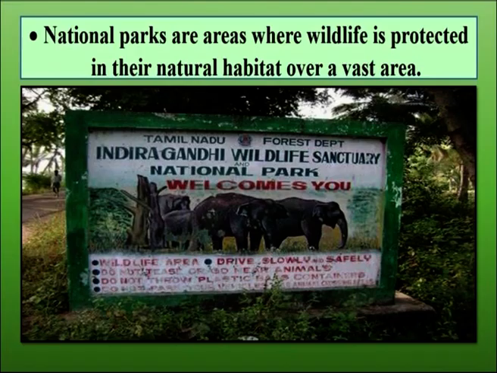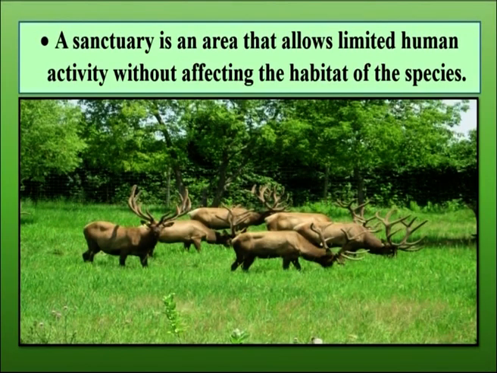There are so many national parks in our state as well as in our country. A sanctuary is an area that allows limited human activity without affecting the habitat of the species. The Government of India has established a number of sanctuaries in our state and country. Some sanctuaries are especially for the protection of birds only.